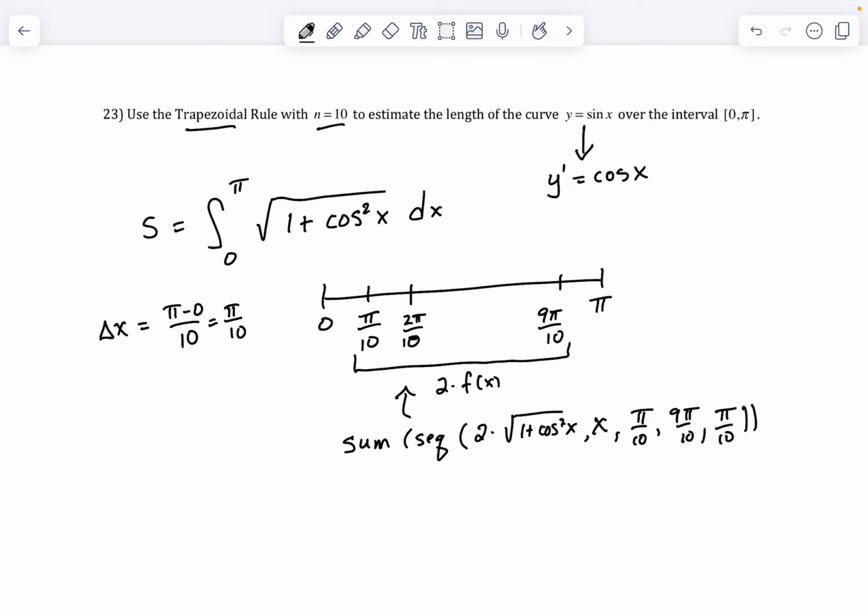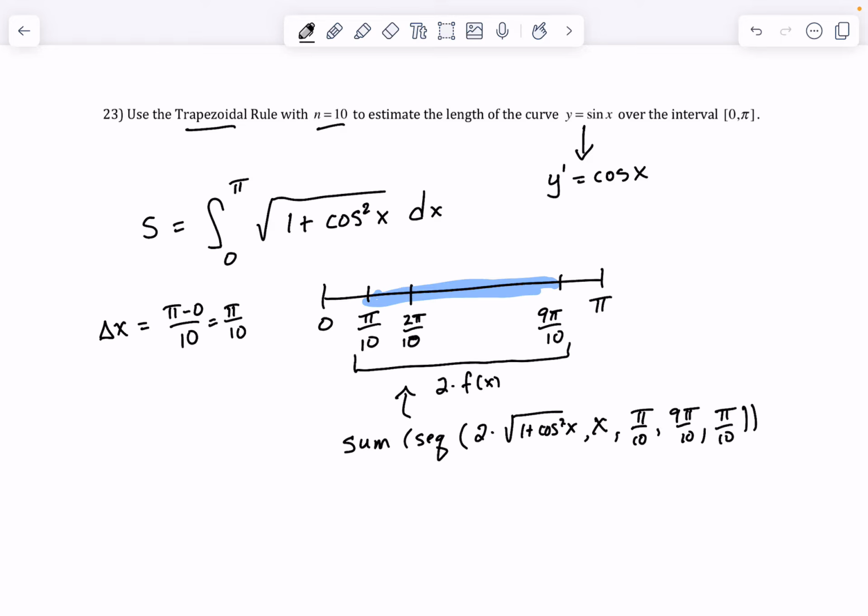So that will speed up the process so I don't have to type those in individually. So the calculator is going to find these for us with the sum sequence, and then I'll just have to plug in the 0 and the pi myself and add that in and finish up the formula.